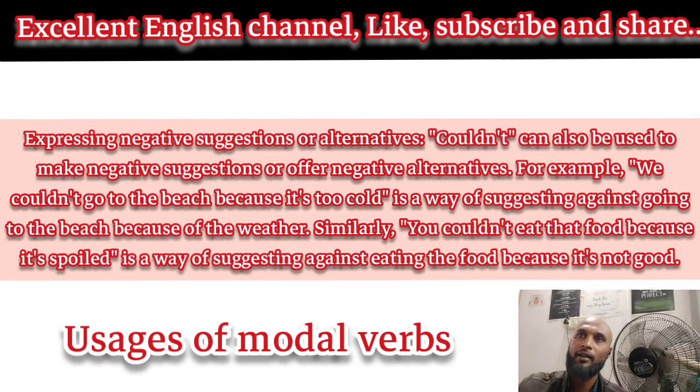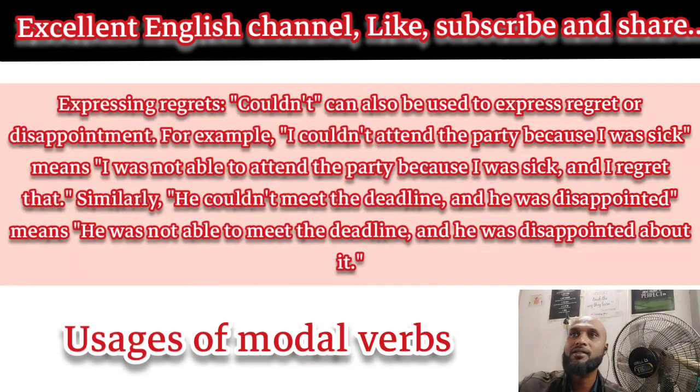Expressing regrets. Couldn't can also be used to express regret or disappointment. For example, I couldn't attend the party because I was sick means I was not able to attend the party because I was sick and regret that.